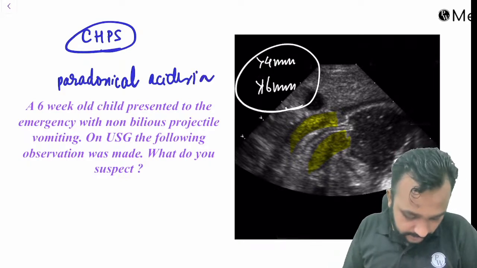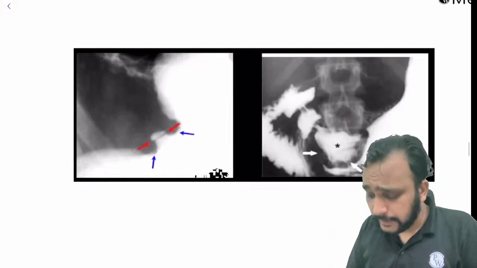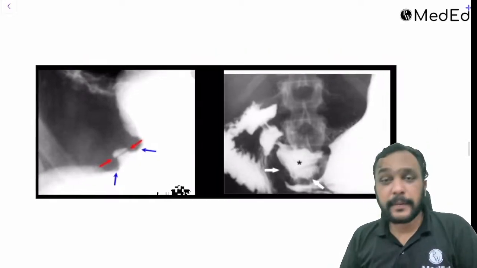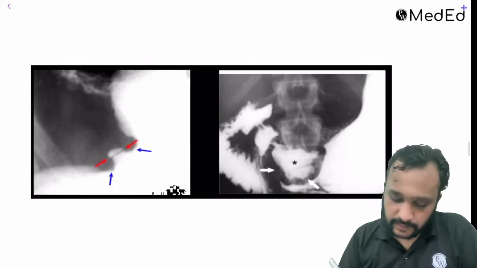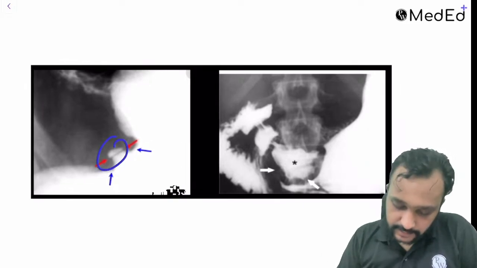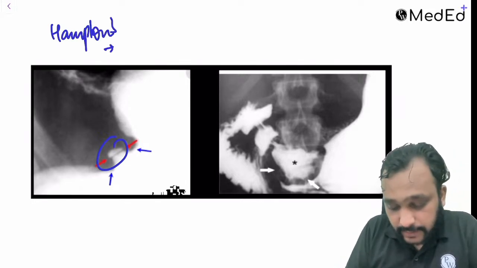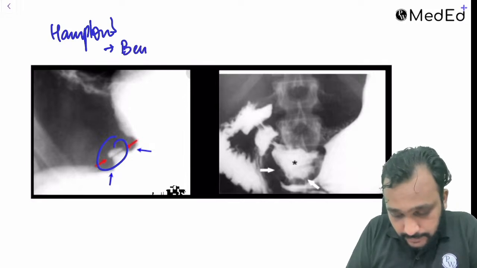Very good animation, right? So now talking about barium meal images. In the first image, this is the Hampton's hump, and this Hampton's hump is seen in benign ulcer.